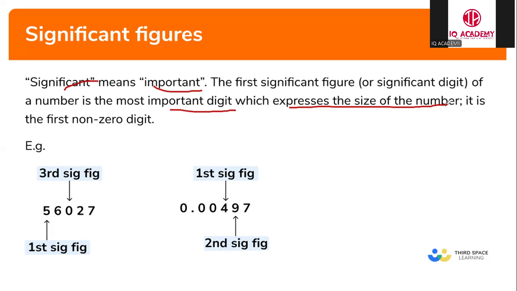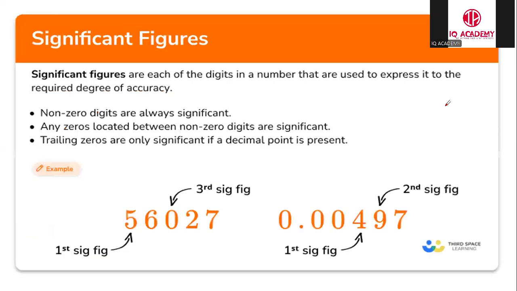So it can be a negative number or a positive, but it does not have to be zero. You can also define significant figures in this way: significant figures are each of the digits in a number that are used to express it to the required degree of accuracy. So that is what we have there.